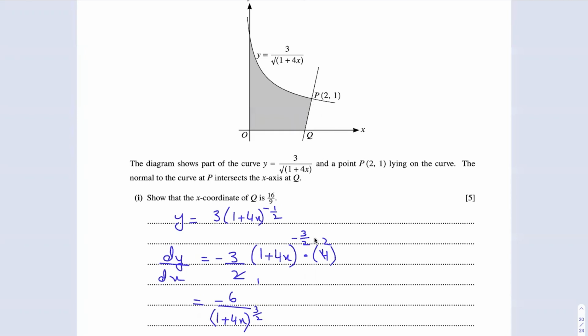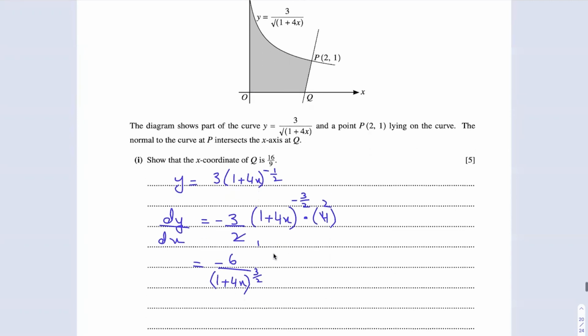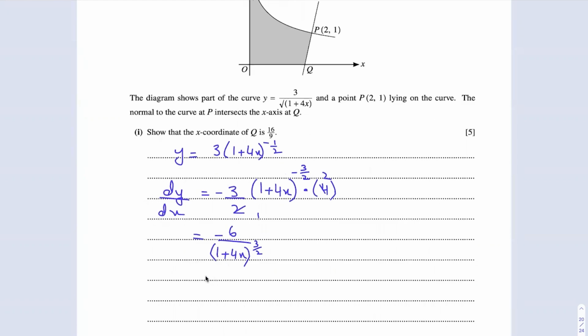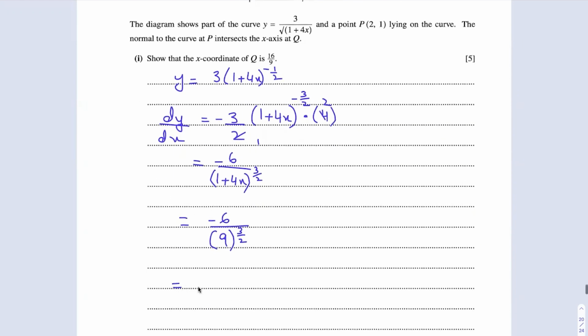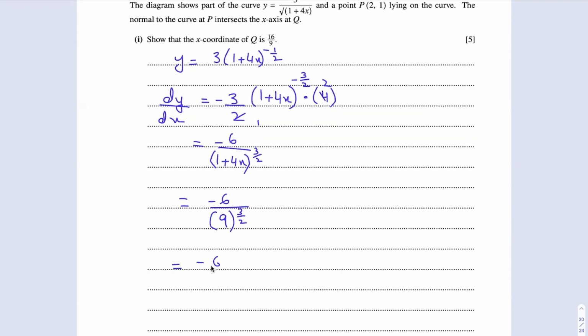P is a point on the curve, so we can use x equals 2. Substituting x equals 2, we get minus 6 upon (1 plus 4 times 2), so 1 plus 8 is 9, and 9 to the power 3 upon 2 is 27, which gives us the gradient of the tangent as minus 2 upon 9.